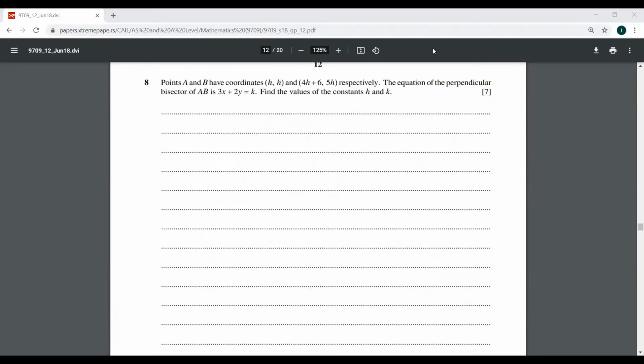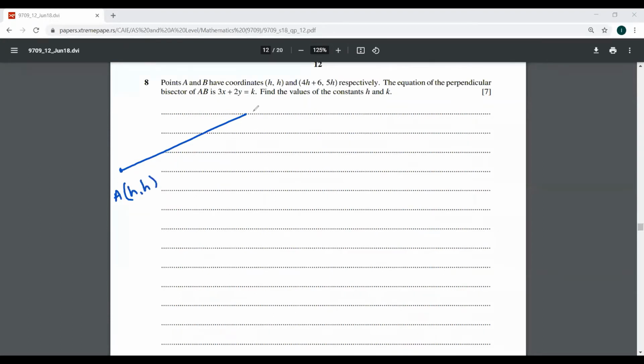Okay, this says points A and B have coordinates this and this. The equation of the perpendicular bisector is this. Find the values of the constants h and k. Now suppose here is your point A, which is h comma h.